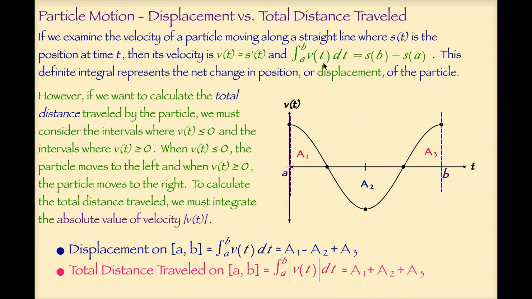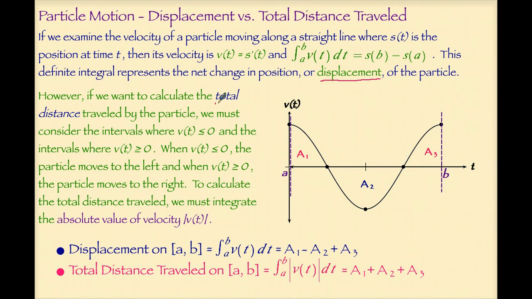And the integral of velocity is position. Furthermore, the integral at certain endpoints of integration from a to b will be the position at b minus the position at a. This definite integral represents the net change in position or displacement of the particle.